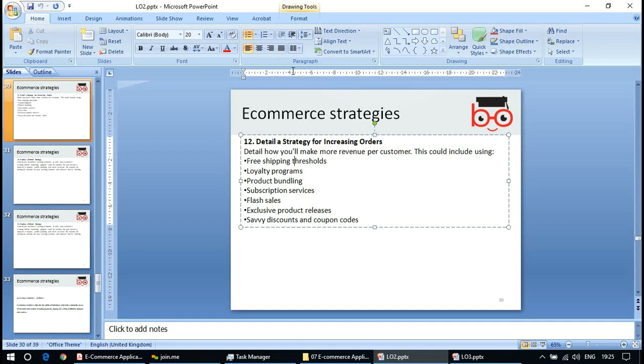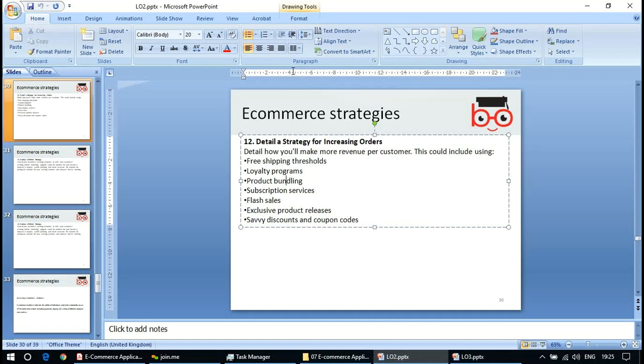Product bundling, like buy one get one, buy two then the third one is free, making a combination, mix and match, like you go to Boots, isn't it? Yeah, I've got a Tesco's card as well.